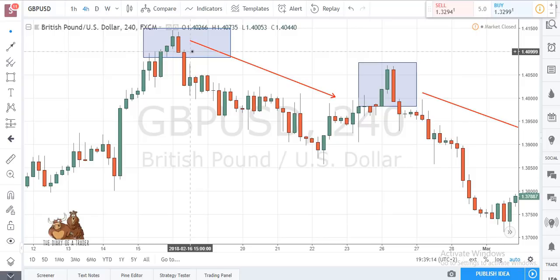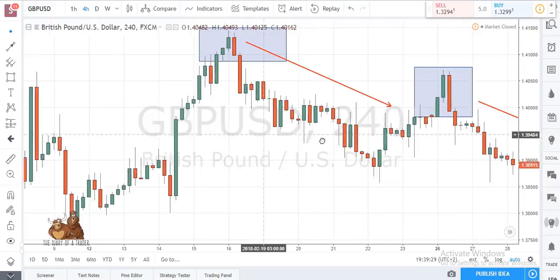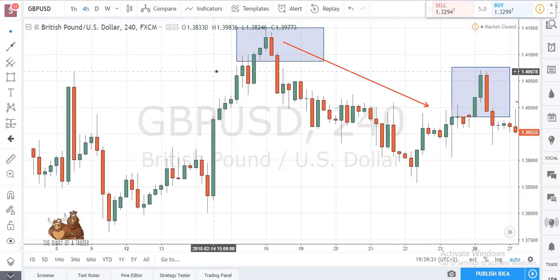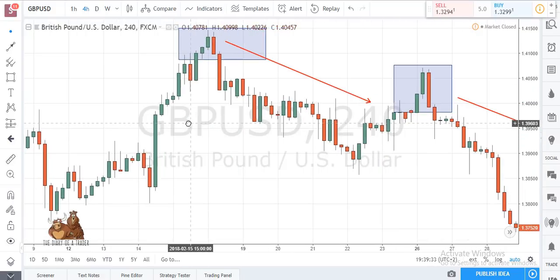Tweezer can be traded almost immediately. As soon as you have the close of the second candle, you can put in a trade, put your stop loss above the highs, and then look below for the first resistance, where you're going to take your profits off the table.